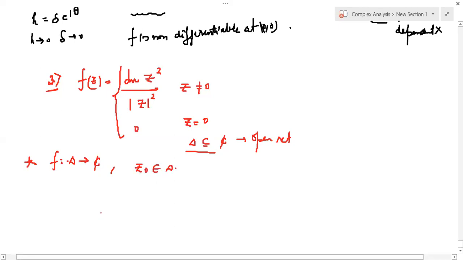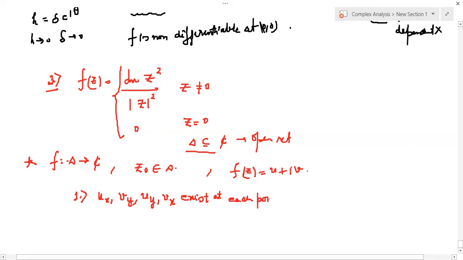Now let us define that f(z) is equal to u plus iota v. Then, what are the conditions? The first condition was that the first order partial derivatives ux, vx, vy, and uy must all exist at each point in the neighborhood of point z0.